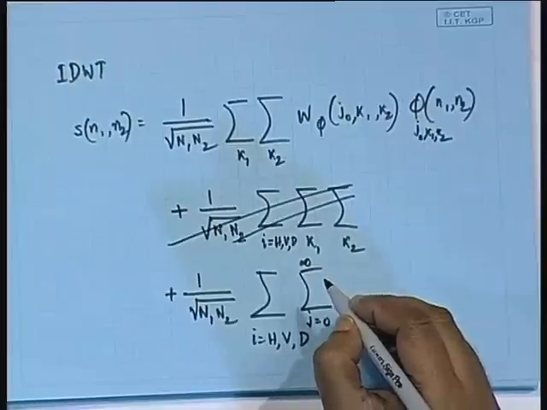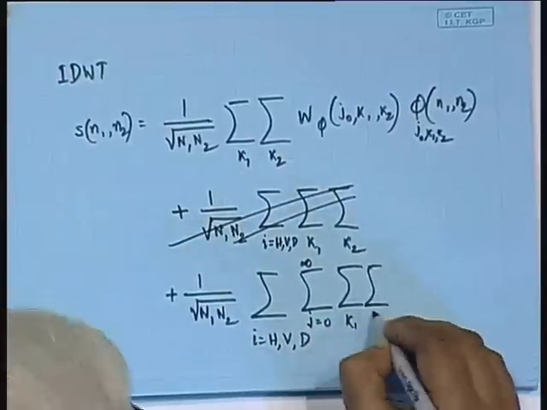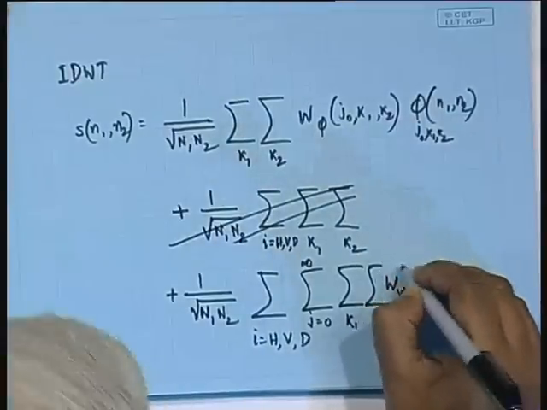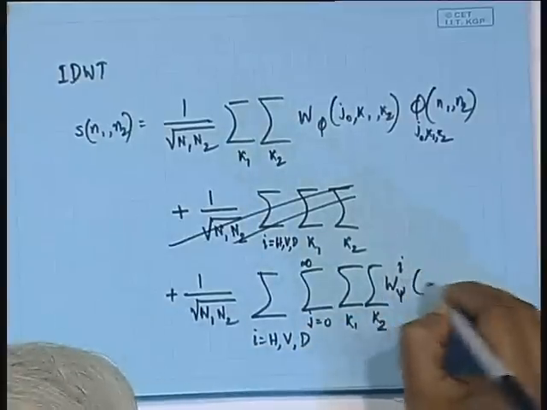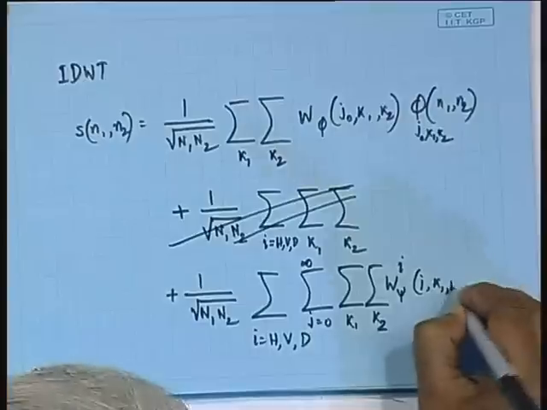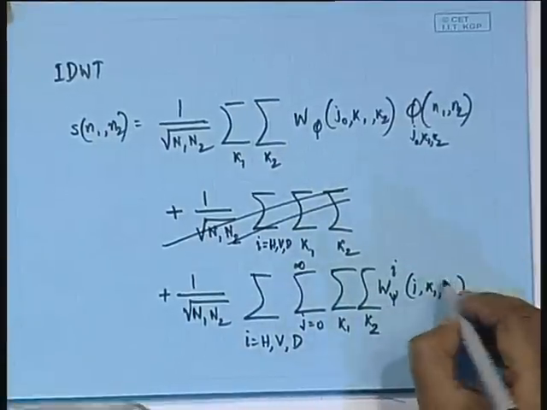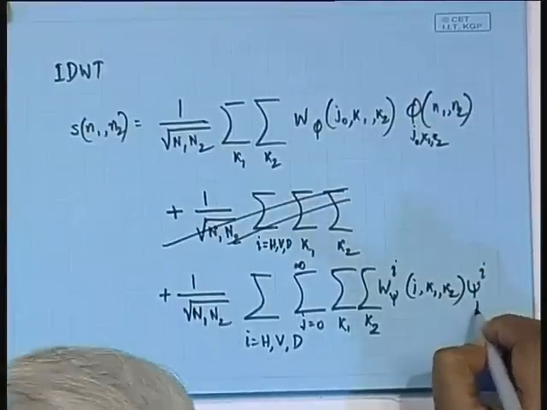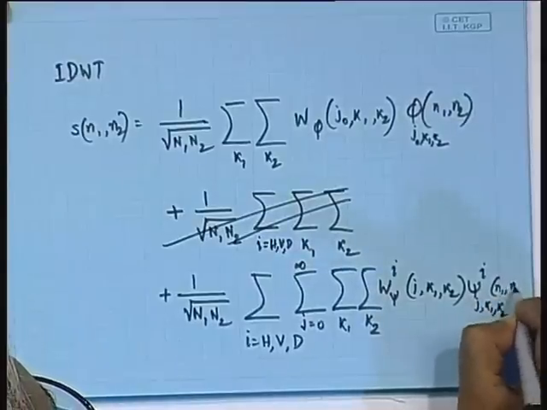So, it is not actually infinite, it will be summed up to the levels of partition that you perform, summation over k1, summation over k2, and in this case it will be W psi, of course with a superscript i indicating H, V, D, over j, k1, k2, j being the running scale, and this multiplied by psi again with superscript i over j, k1, k2, n1, n2.